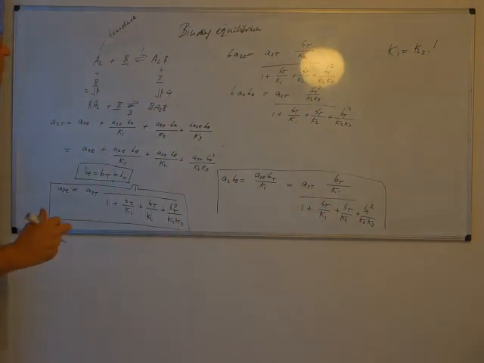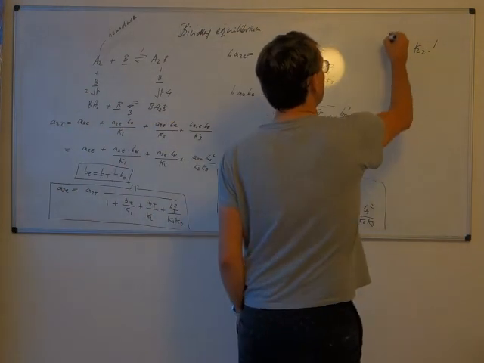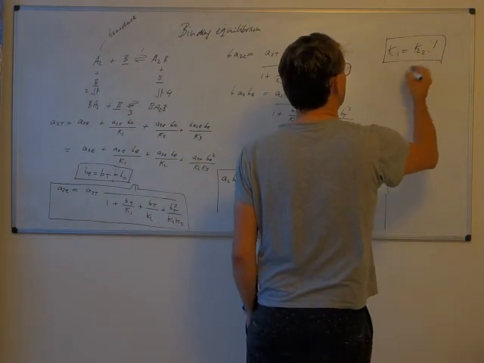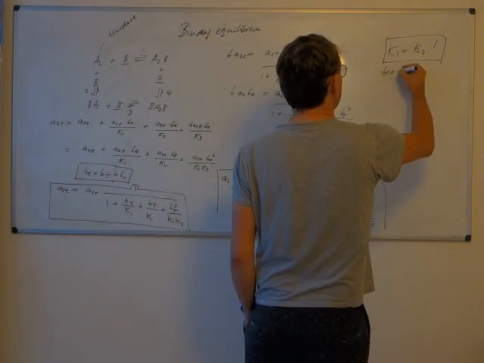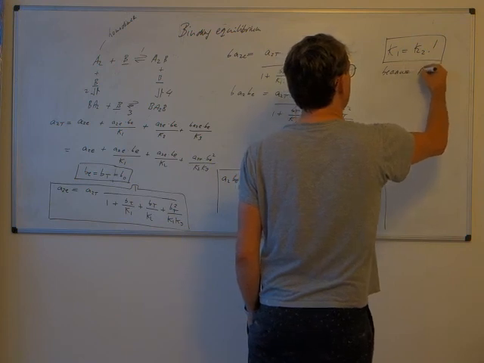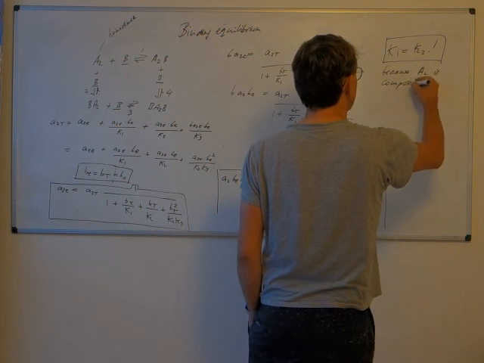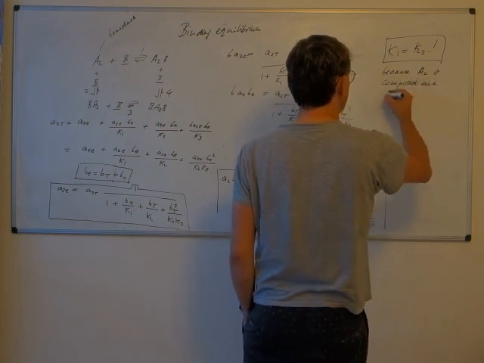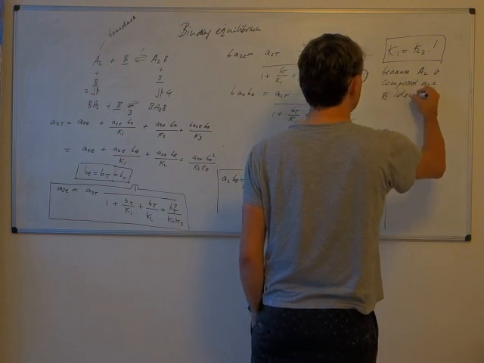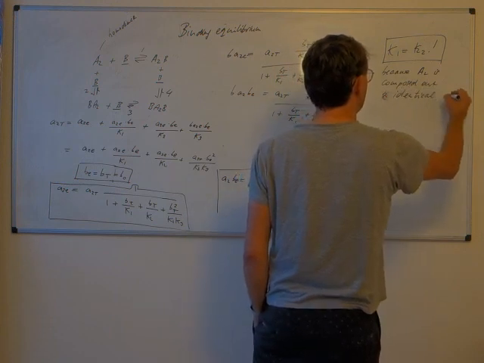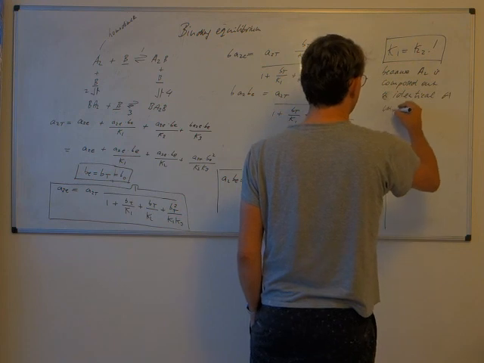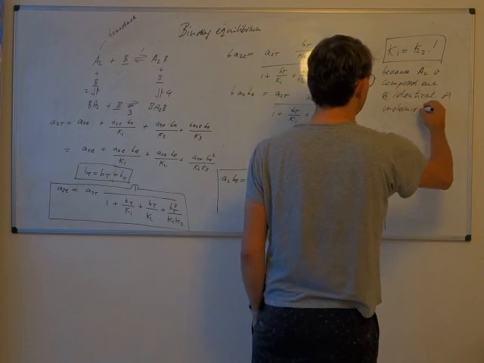Because A2 is composed out of two identical A molecules, and they are indistinguishable, they are the same.